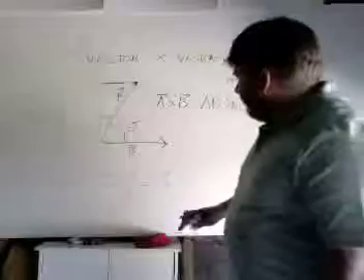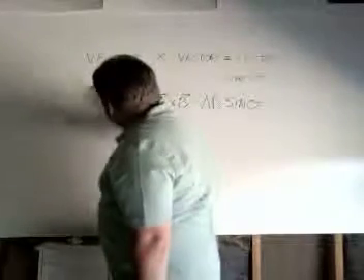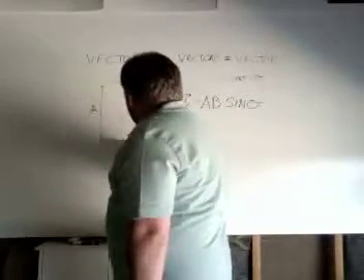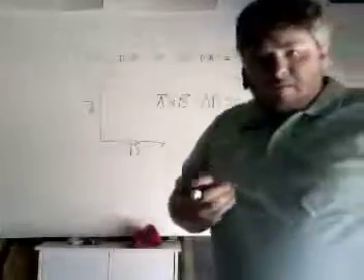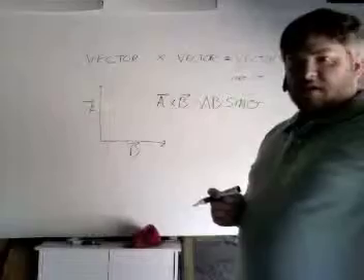Okay? So if you're looking at this diagram, I'm going to redraw it so everything is at right angles. If you're looking at this diagram of A and B, you're looking at creating a third vector that's perpendicular to those two vectors. Okay?